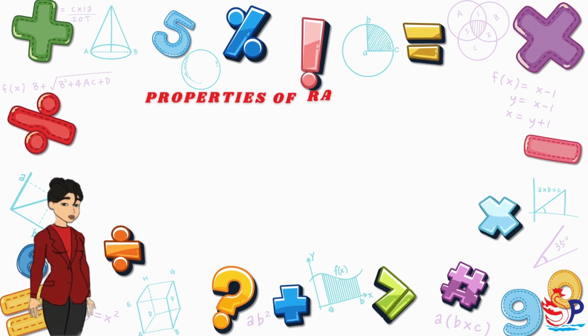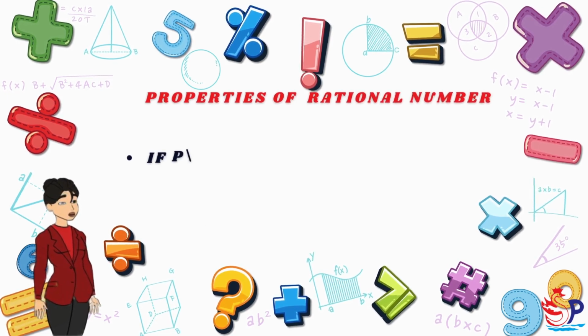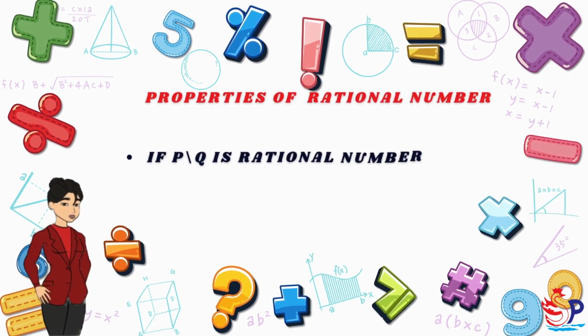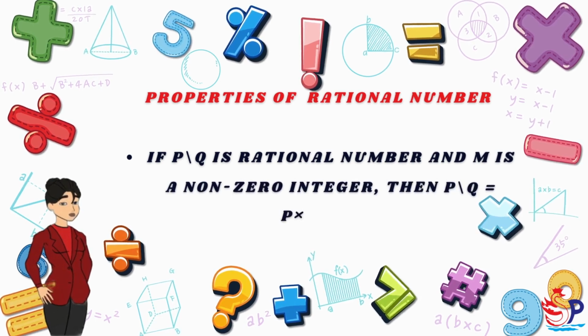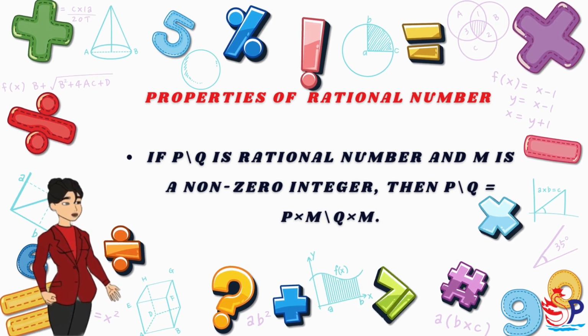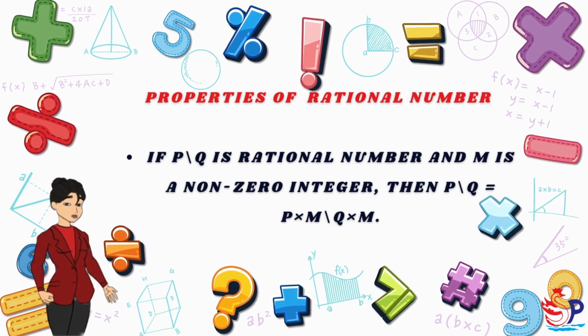Properties of rational numbers. First, if p by q is a rational number and m is a non-zero integer, then p by q is equal to p multiplied by m by q multiplied by m.